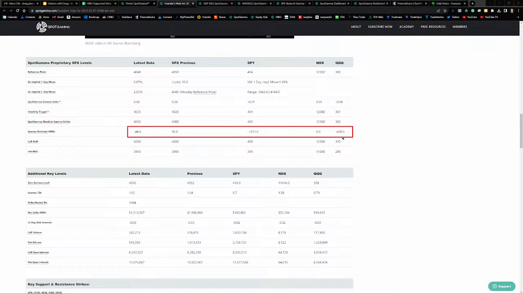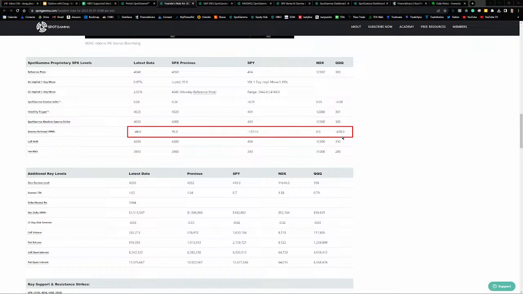So yesterday, SPX gamma notional was slightly positive at 37, and today it has shifted negative to minus 44. And then yesterday, SPY gamma notional was minus 1364, and it is slightly less negative today at minus 1321.